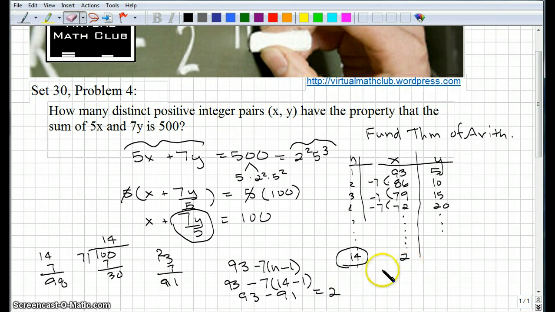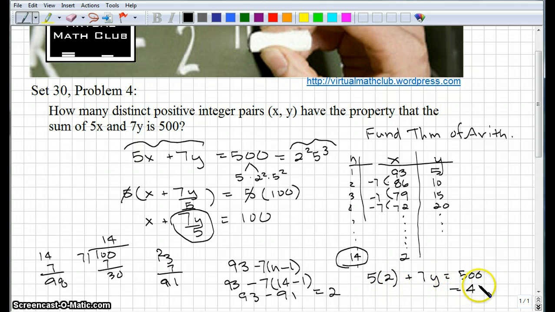Okay, so we can actually check that out and see what we would get for y. So if we use x equals 2, let's just plug it back up into this equation up here. So 5 times 2 plus 7y is equal to 500. Alright, so this is 10, so if we subtract 10 from both sides, that's 490 equals 7y, so y has to equal 70.